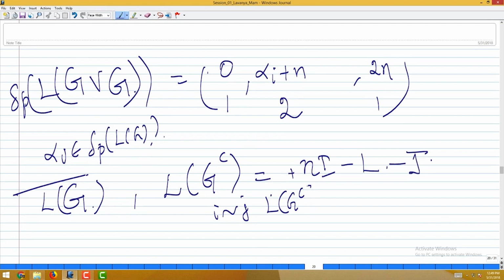If i was adjacent to j, my minus L would give me plus 1, and minus J would give me minus 1. So what does that mean? 0. So where is i adjacent to j, in G complement or in G?